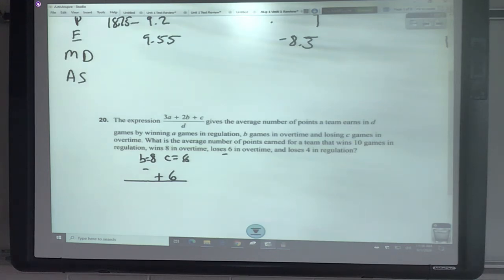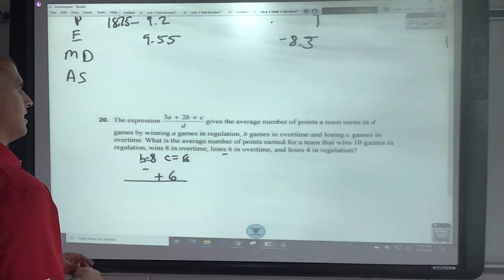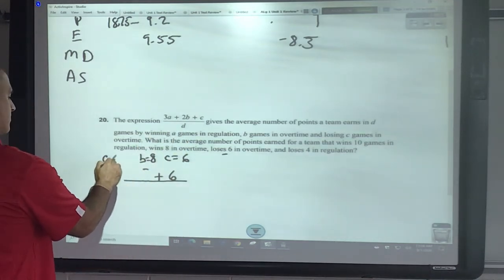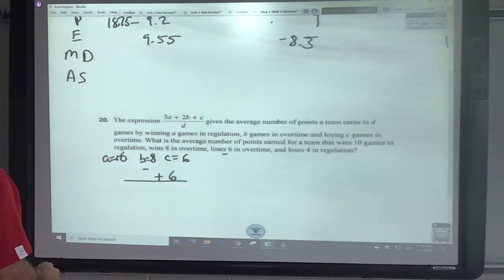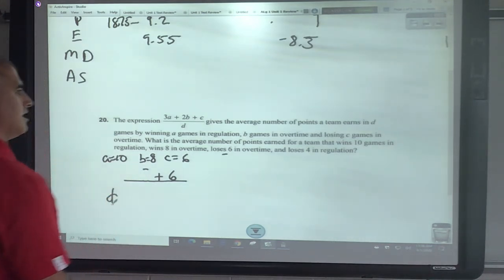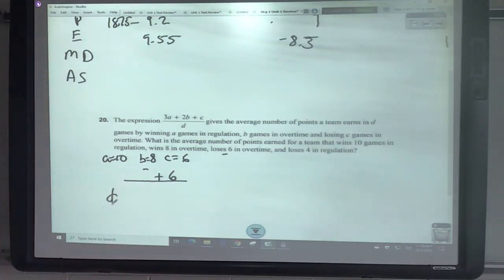And then 10 games: A represents winning 10 games in regulation. And D represents losses in regulation.